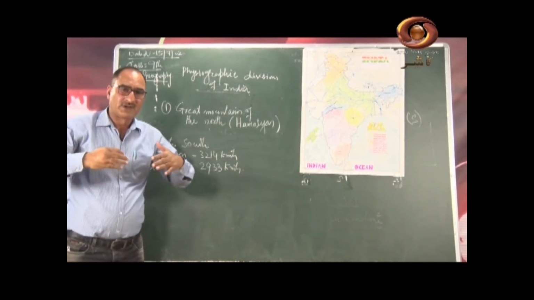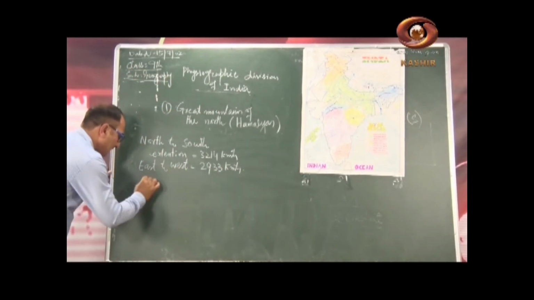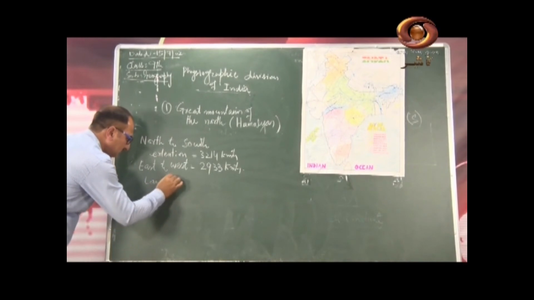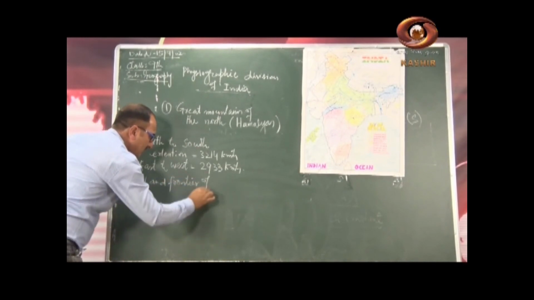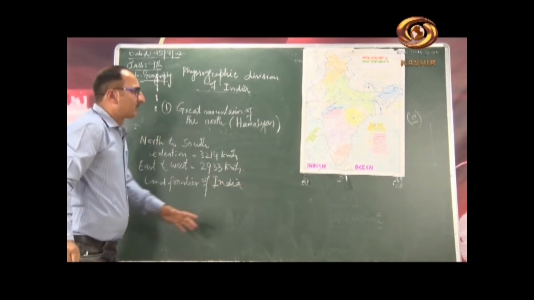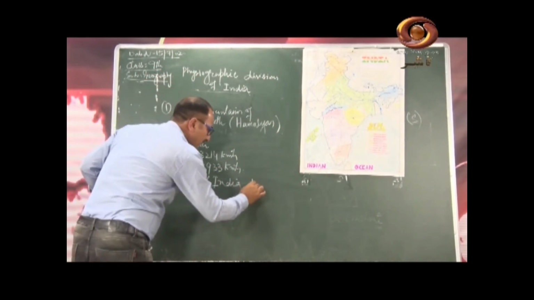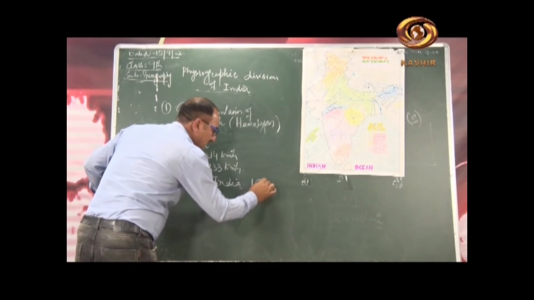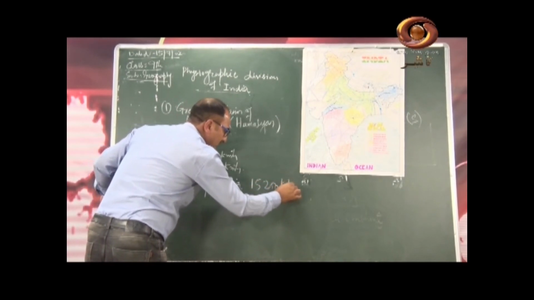Then the land frontier of India, the borderline of India, is 15,200 kilometers.